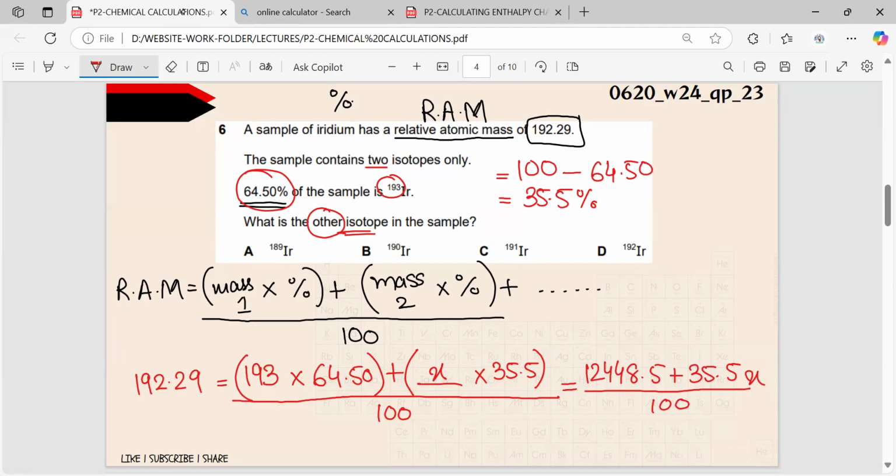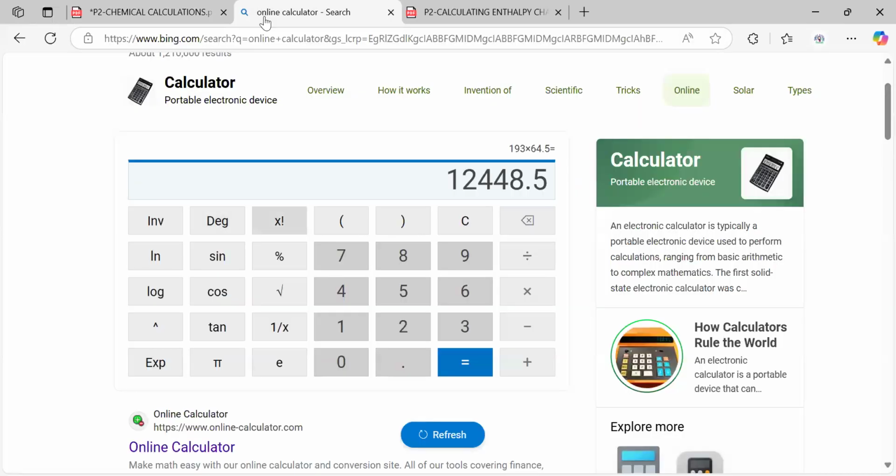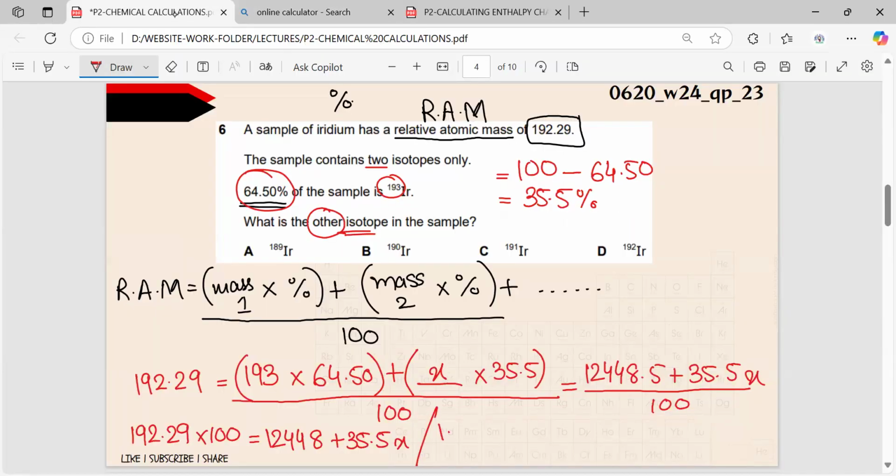Now first we'll take this 100 to the other side of the equation, so it will multiply: 192.29 multiplied by 100 is equal to 12448 plus 35.5x. 192.29 multiplied by 100 is 19229.